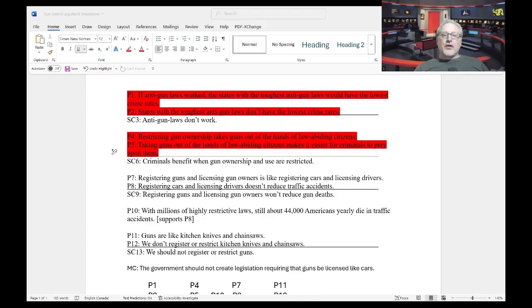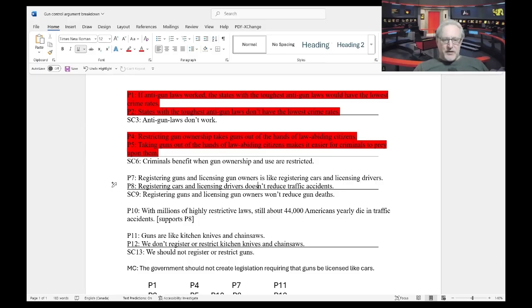Well, what are the two things being compared? Registering guns and licensing gun owners is being compared to registering cars and licensing drivers. And the claim being made is that registering cars and licensing drivers doesn't reduce traffic accidents.